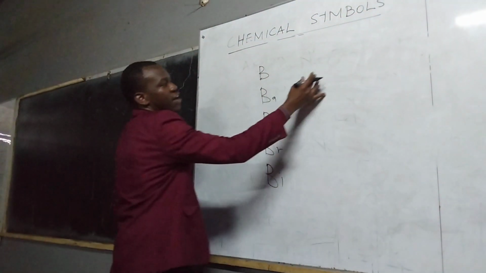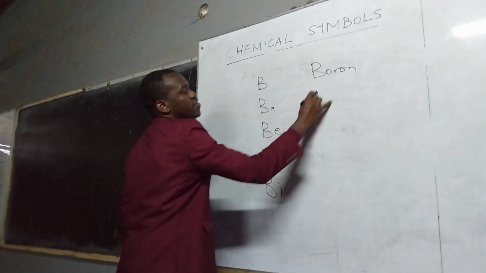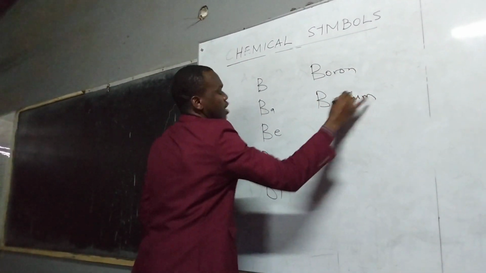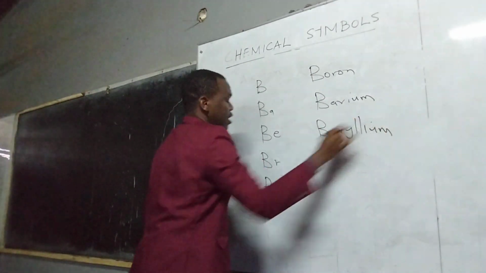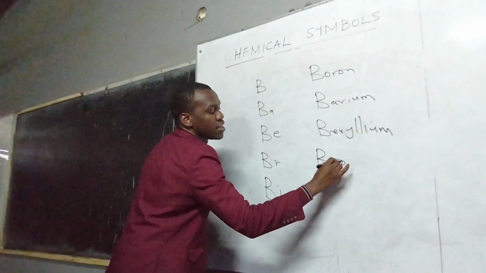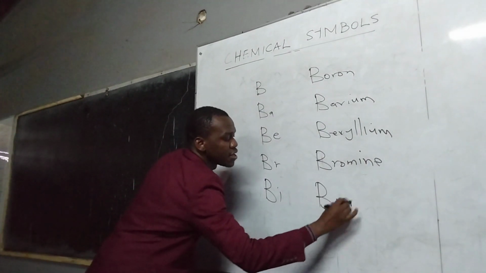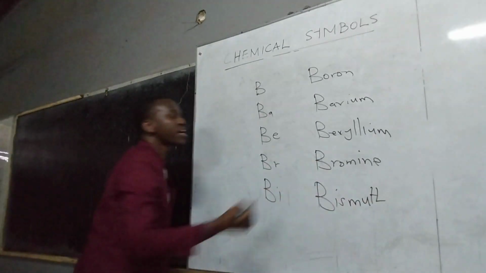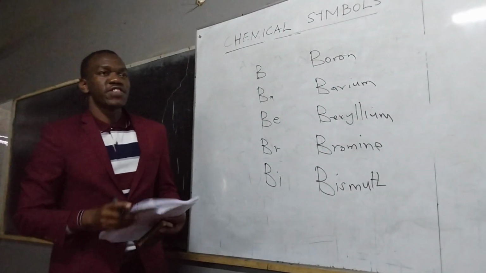I hope you got the answer. The first one is boron. The second one is barium. The third one is beryllium. This one is bromine, and this one is bismuth. You see, all of them start with the same letter, so you need to do a lot of practice on that.